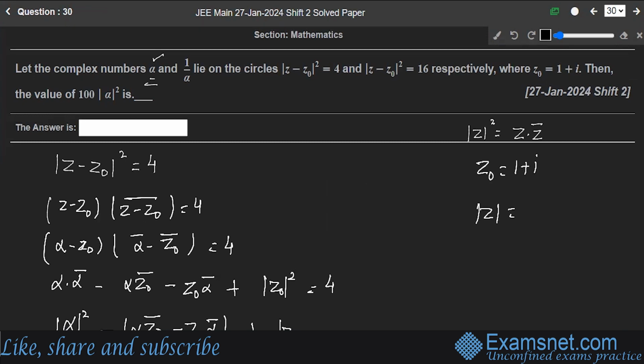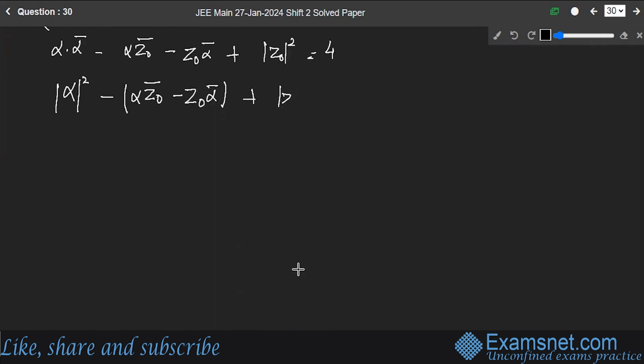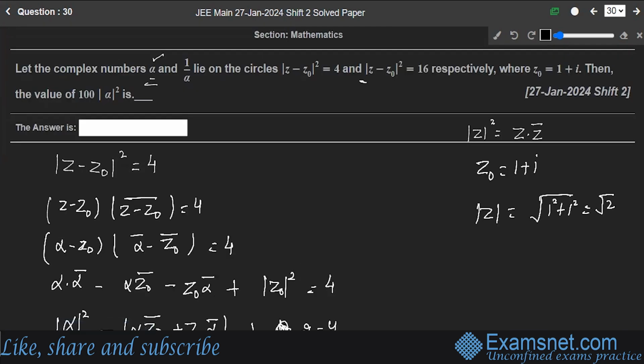So its modulus will be equal to root of 1 square plus 1 square, which is equal to root 2. So its square will be equal to 2 only. This will give me alpha modulus square minus alpha z naught conjugate minus z naught alpha conjugate is equal to 2. Okay, now let's say this is equation 1.